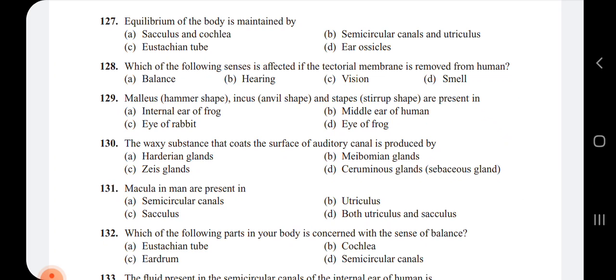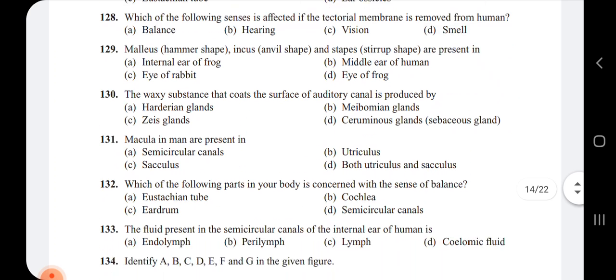Then the impulses are transmitted to the auditory nerves, and those nerves carry the impulses to the brain. So if the tectorial membrane is removed, there will not be any connection between the hair cells of the inner ear and the auditory nerves. That's why no hearing can be observed with damage to the tectorial membrane.